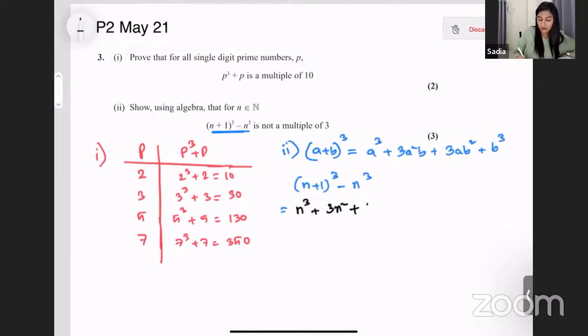It's going to be the same result, right? A, 3n, 1 square. So that's 3n plus 1 cube, which is 1. Okay, so this is just the expansion of n plus 1 whole cube. And then you have n cube here. So this will be canceled out. You are left with 3n square, 3n plus 1.